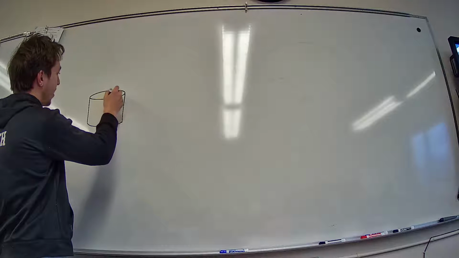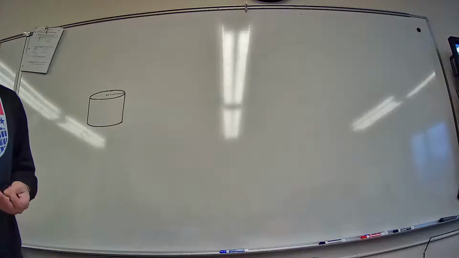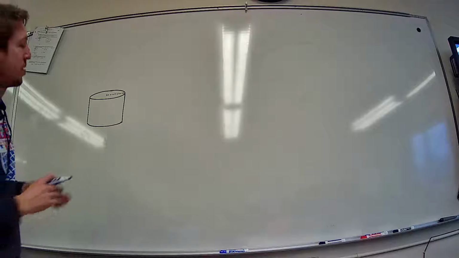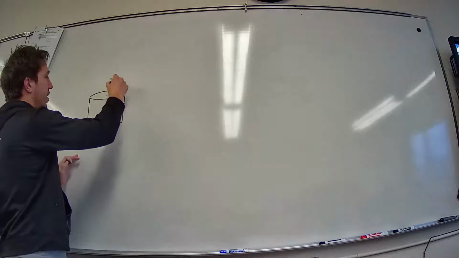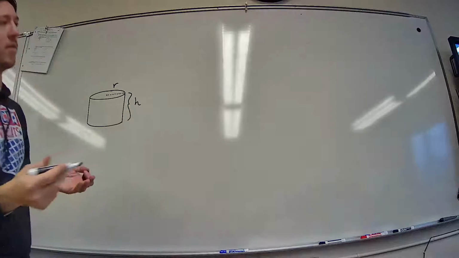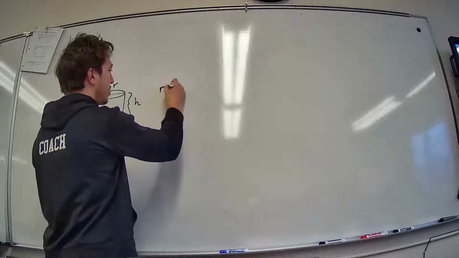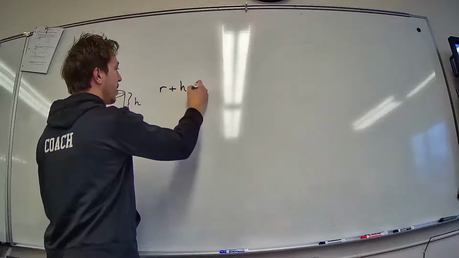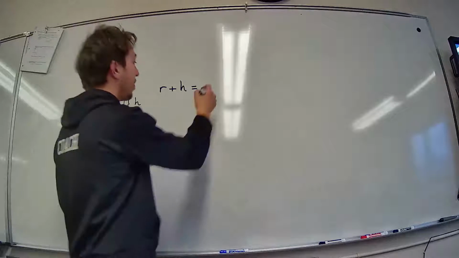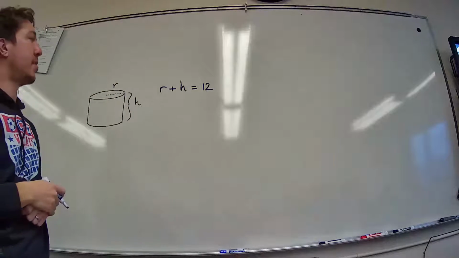You guys know I like to draw a picture, even if it might be a little superfluous. All right, focus here. You've got a radius and a height. The sum of those quantities is 12 feet. What's the maximum volume of the cylinder?